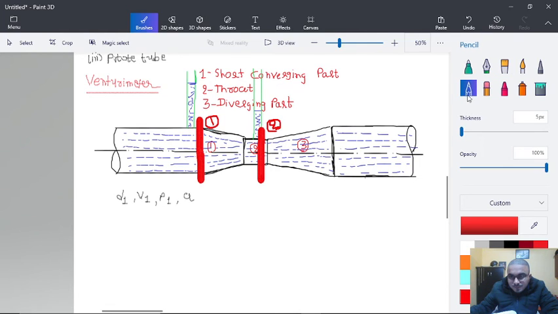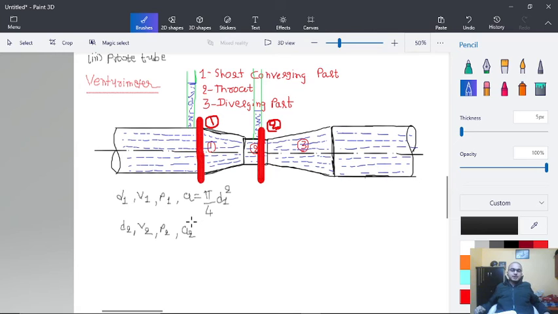So here A1 will be equal to pi by 4 d1 square, and similarly we will have d2, v2, p2 and a2, that will be the corresponding values at section 2.